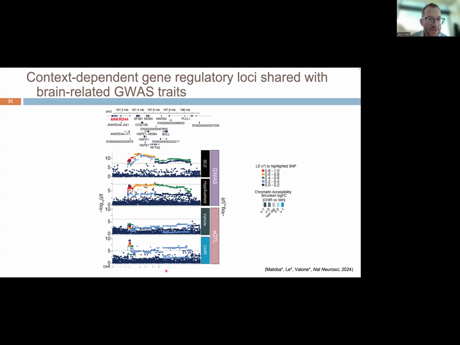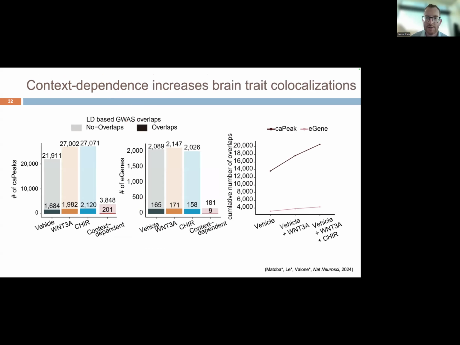This eQTL was to a gene called ANKRD44, and this is a gene that's involved in proliferation, and it may indicate why it's involved in differences in hippocampal subfield as well, specifically the presubiculum body, as well as risk for schizophrenia. So overall, Wnt-specific QTLs allow us to better explain the mechanisms for complicated GWAS traits like schizophrenia.